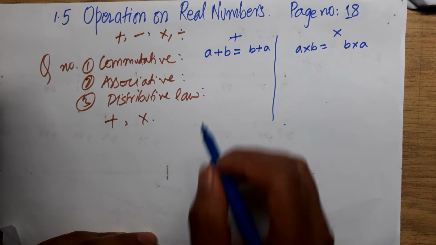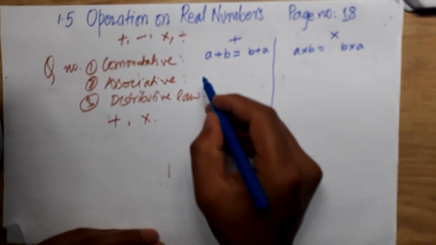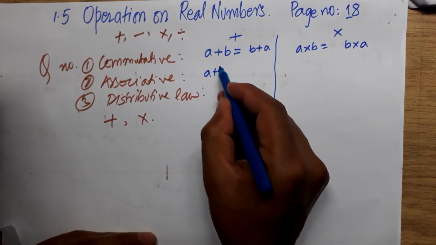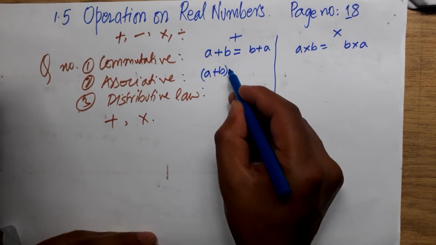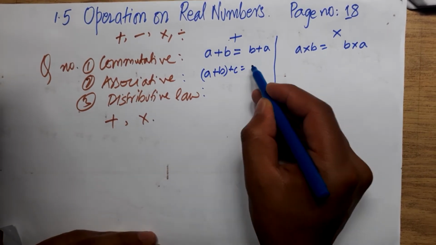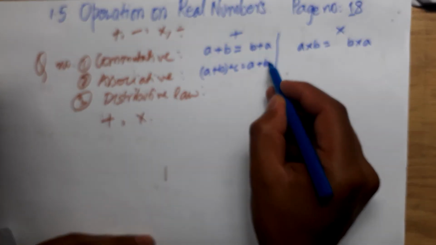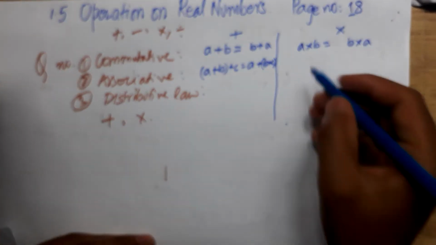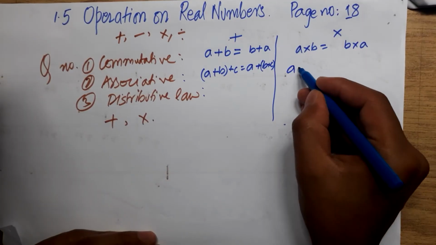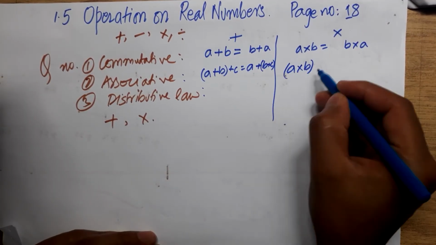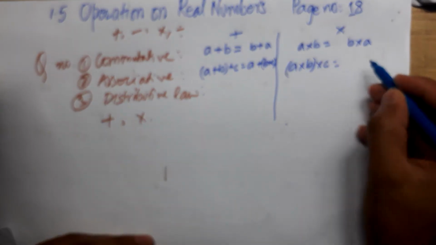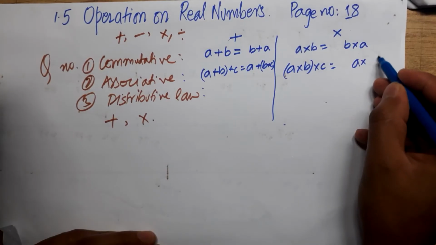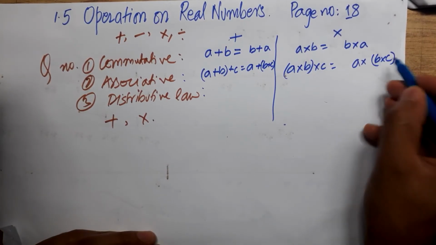And associative means we take three rational numbers, a plus b we add first and then we add c, which is exactly the same as first adding b plus c and then adding a. In case of multiplication, a multiplied by b first, then c, is the same as first multiplying b and c, then with a.